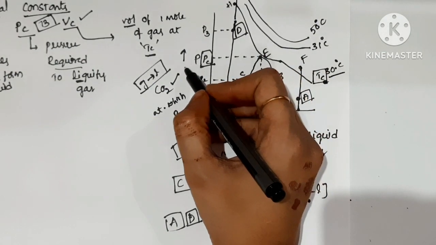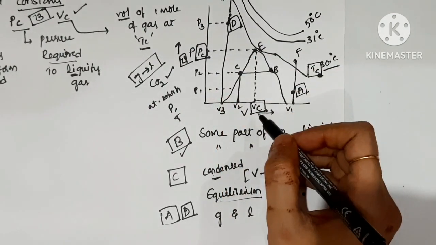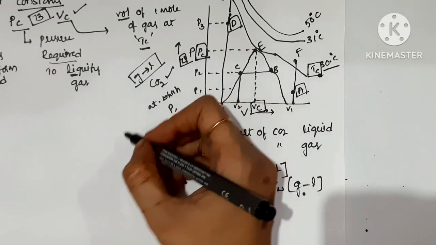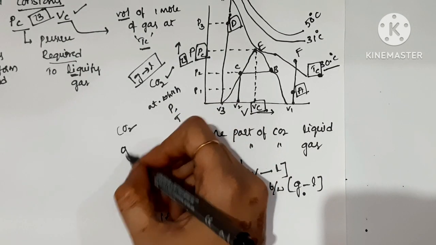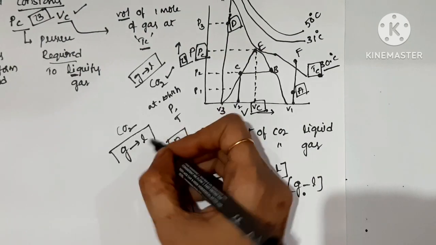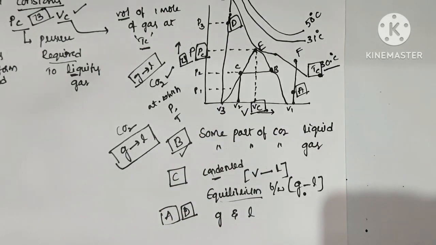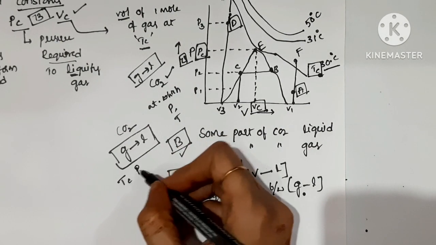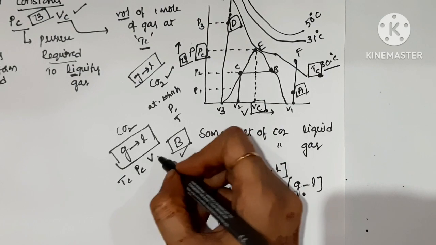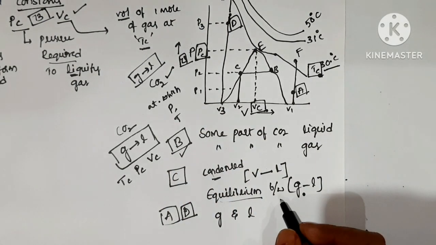At critical temperature, critical pressure, and critical volume, the gas CO2 is converted from gas state to liquid state. That means the liquefaction process completely happens at critical temperature, critical pressure, critical volume. Right? This is all about the graph.